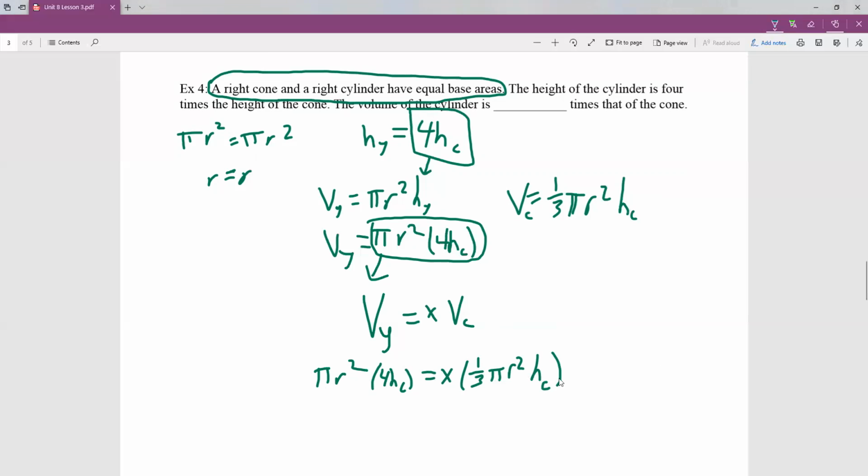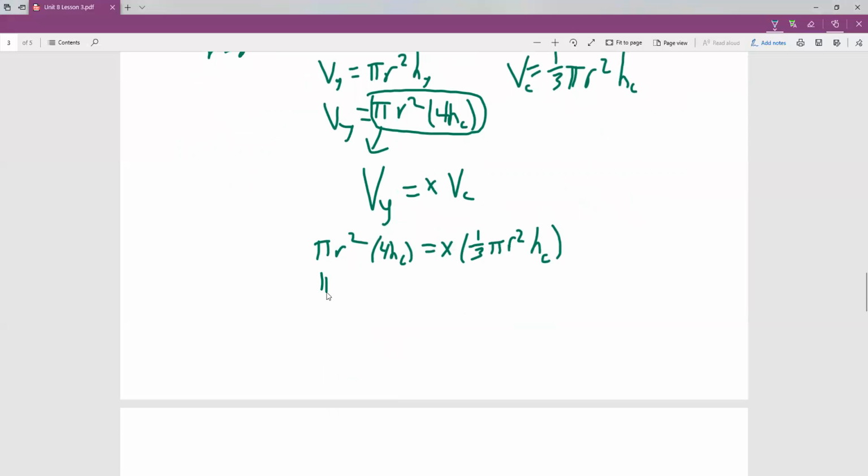So I'm going to write all this out as just things being multiplied together. So times 4h is equal to x times 1/3 times pi r squared times hc. Looking at all this, we have a bunch of common terms on both sides.